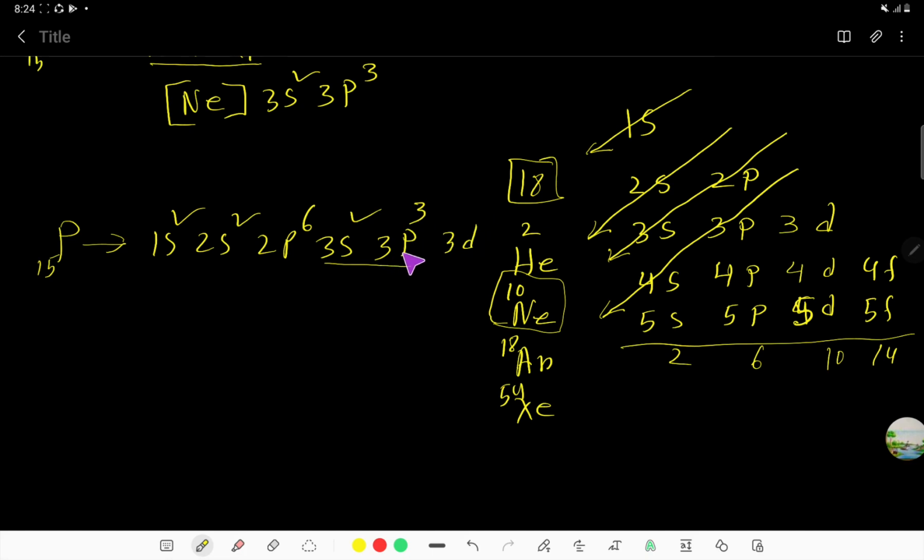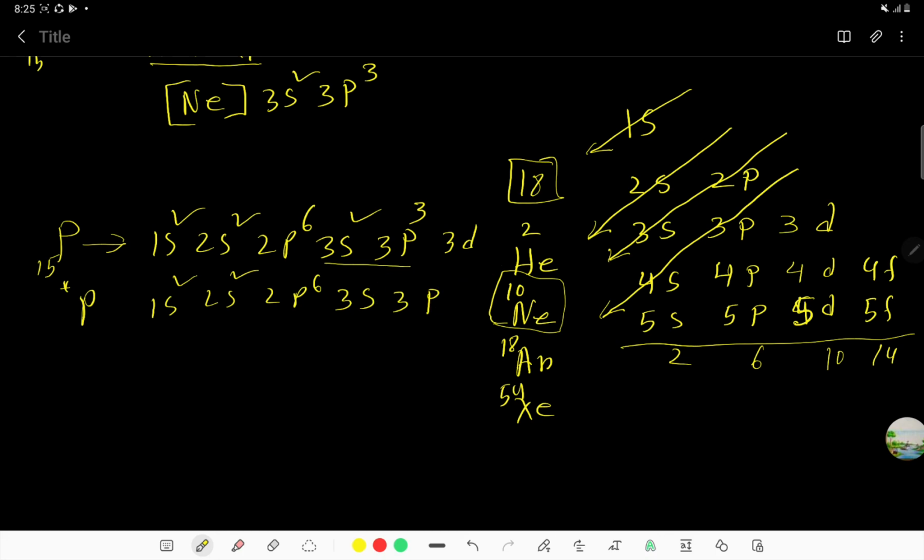In excited state, what will be the electron configuration of phosphorus? Look, here we have 3s, then 3p, right?